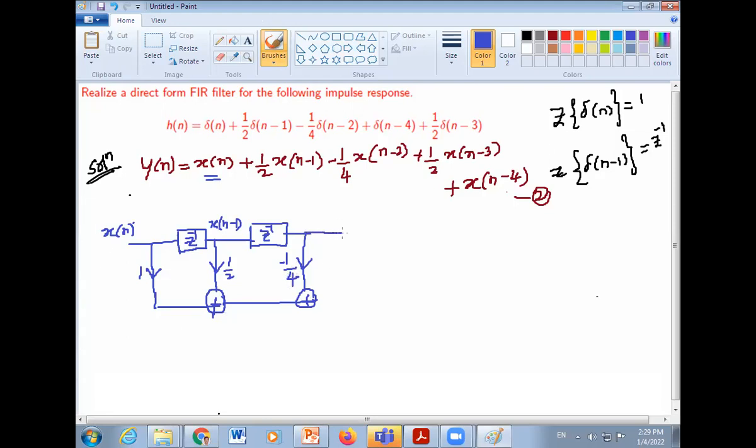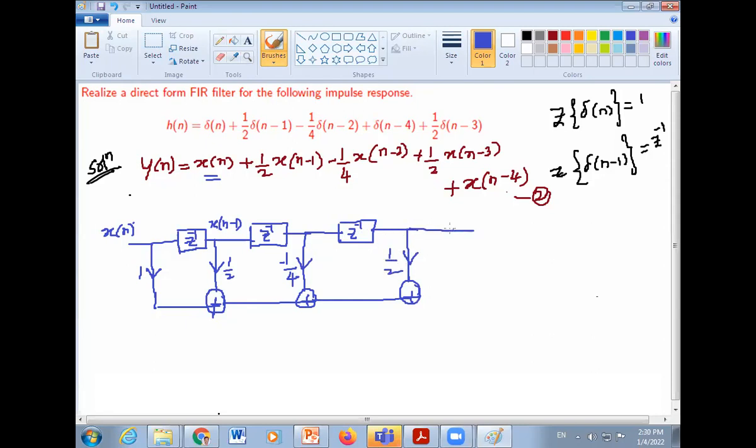And then next, again, if I pass this through one more delay element, and then again it is an adder, so its multiplier is how much? 1 by 2.